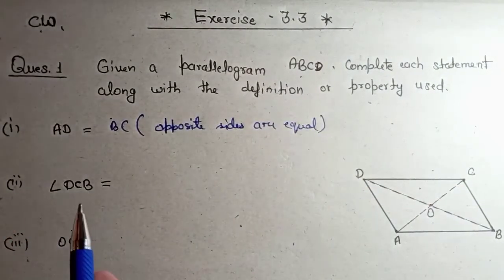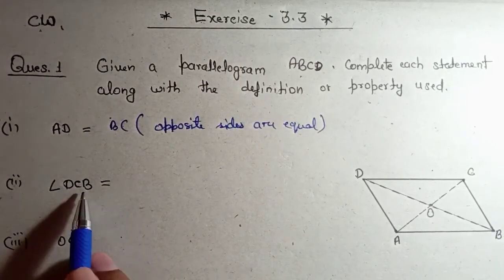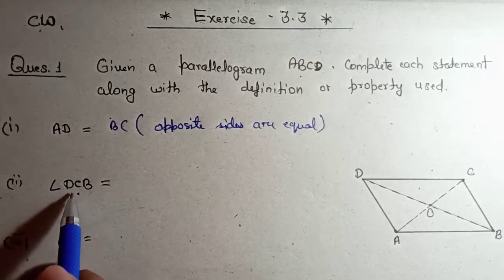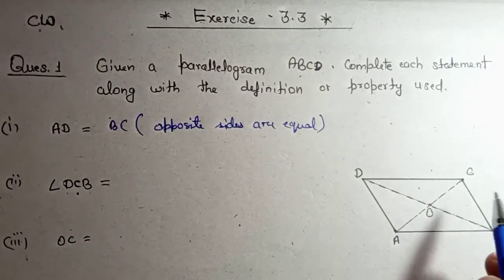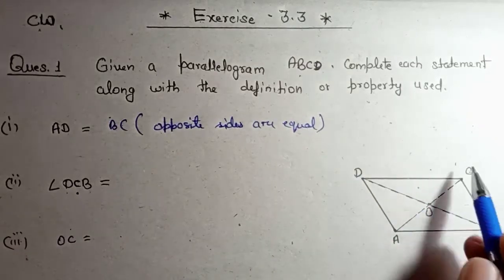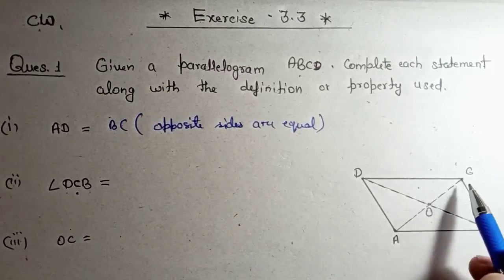Here angle DCB. Now you know one thing, how to represent an angle. You can see between these two letters C is written. C is the vertex of that angle DCB. It can be written as BCD. So angle DCB is equal to angle DAB because they both are a pair of opposite angles.